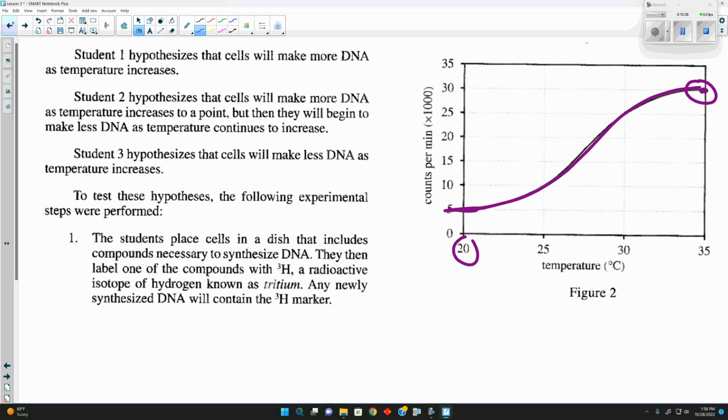Because according to them, at lower temperatures it should be at a higher value, yes? Is that true? Well, at 30 degrees or 35 degrees, it's at its highest point, isn't it? Well, that kind of contradicts it, doesn't it? Because really at 0 or 5, it should be at the highest if that were true.